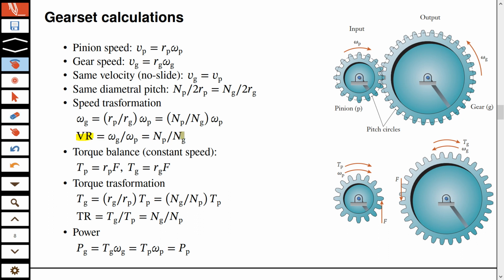The velocity ratio is np over ng, the number of teeth for the pinion divided by the number of teeth for the gear. But that same ratio for torque is the opposite. It's ng over np. So which means that if you want the efficiency, remember the efficiency is simply the force ratio divided by the moment ratio.